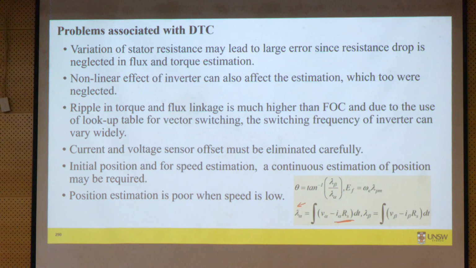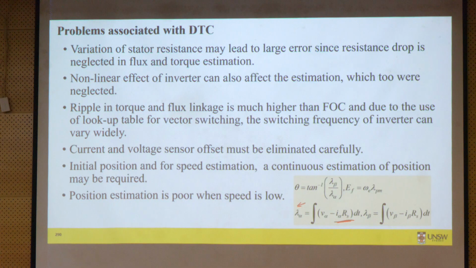If we want to use the real voltage, we have to use some kind of filter, and designing that filter is not always easy, and it sometimes leads to a wrong voltage. So the preferred one is to just use the reference voltage. When you use the reference voltage, you are ignoring the dead time effect of your inverter, which is the inverter nonlinearity. That also means that flux linkage estimation may not be accurate, so that leads again to the torque ripple problem.